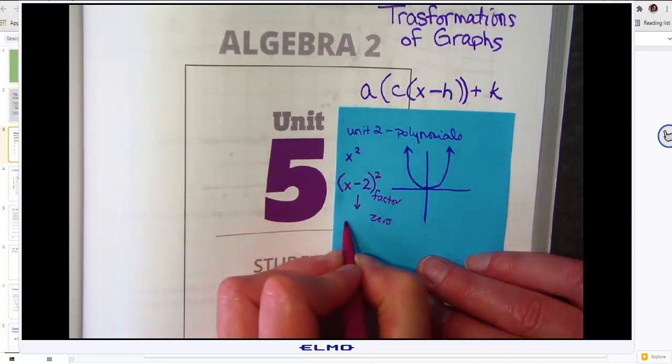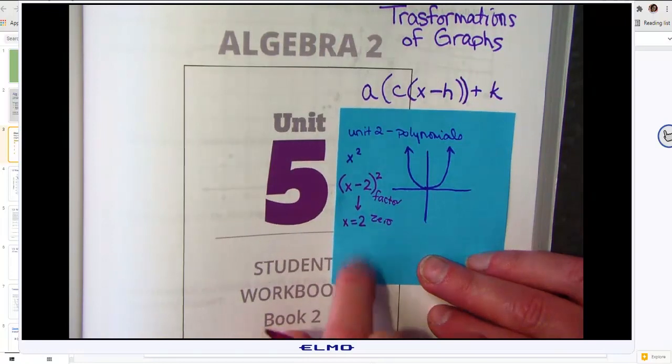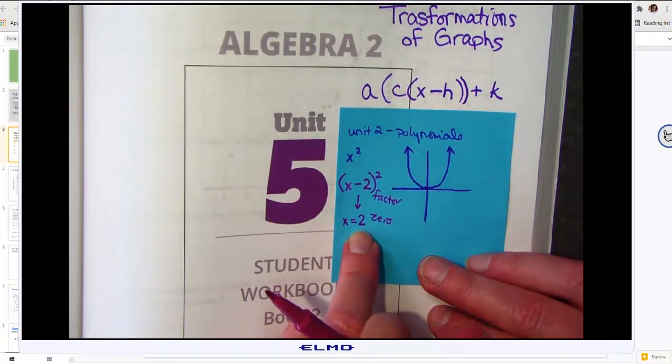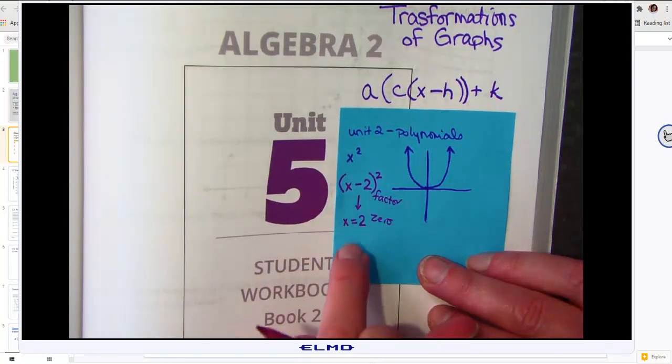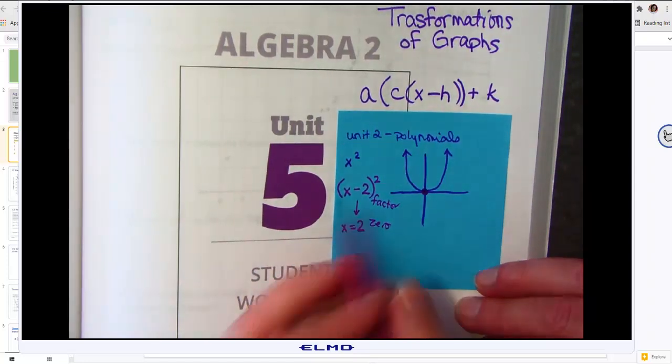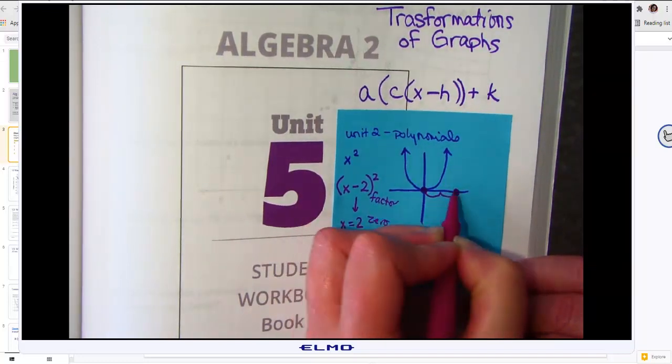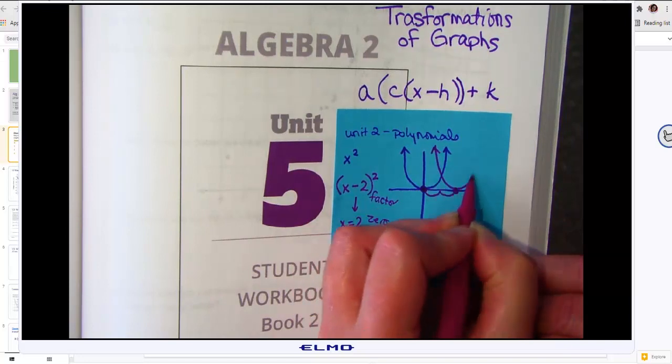Nice. It would just be a positive 2 because then it would cancel out and be a 0 of the equation. So remember how we had something like x minus 2, and what it did is it moved that point that was at the origin over 2 units to right there.